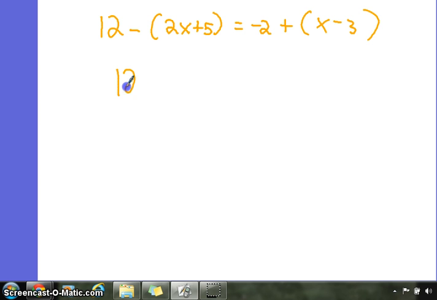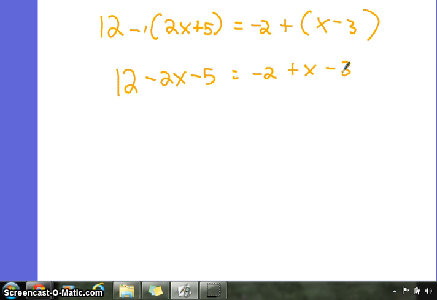So my 12 will stay the same, but now I got a negative sign. So that's minus 2x minus 5, because I multiplied by negative 1 on both of those terms. Okay? Equals negative 2 plus x minus 3. Nothing changed in my other one.